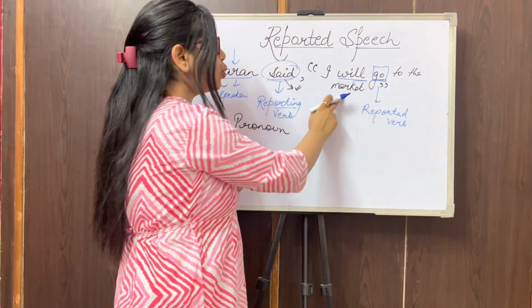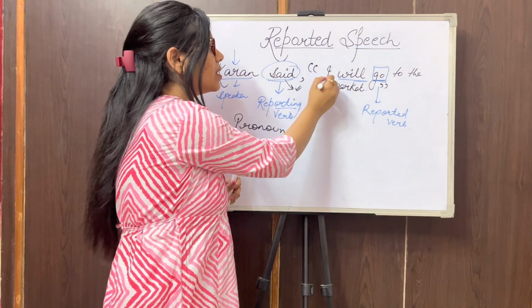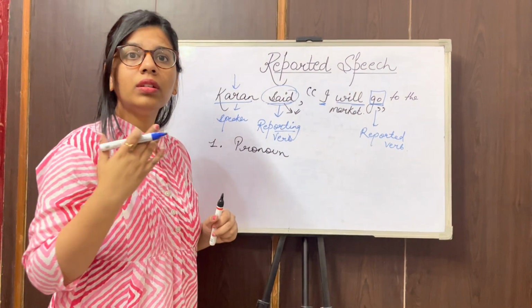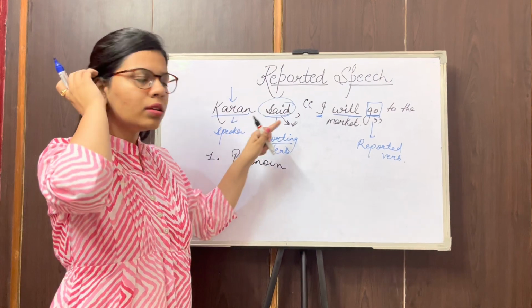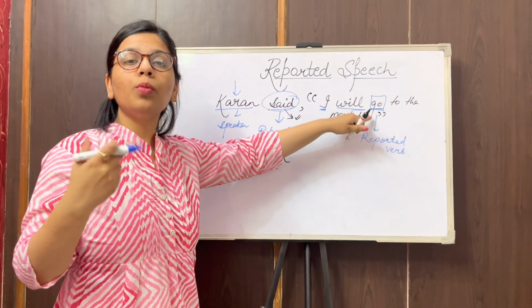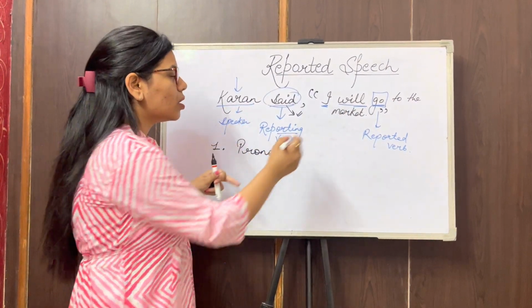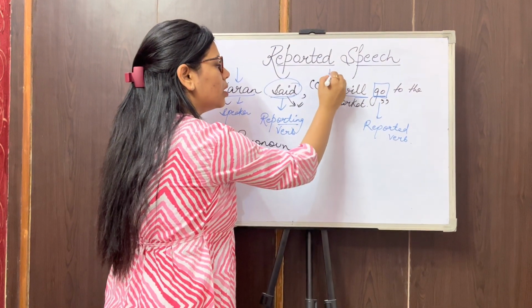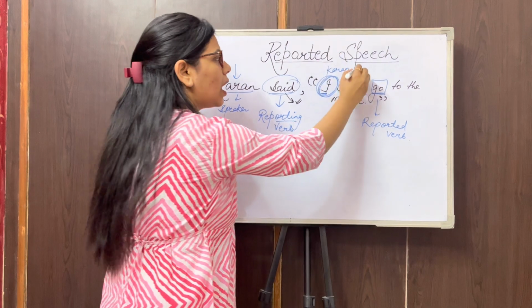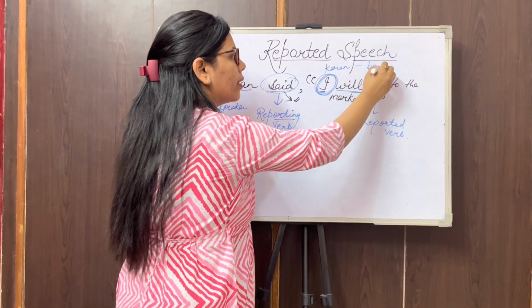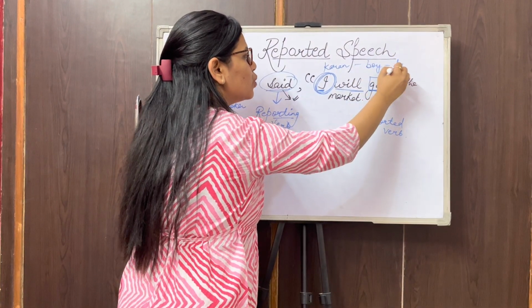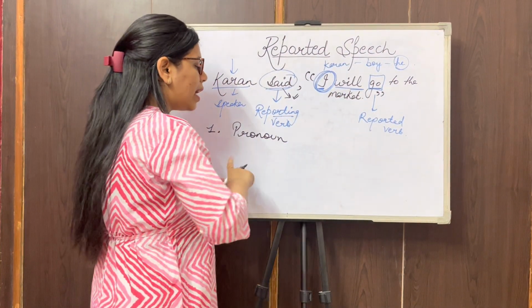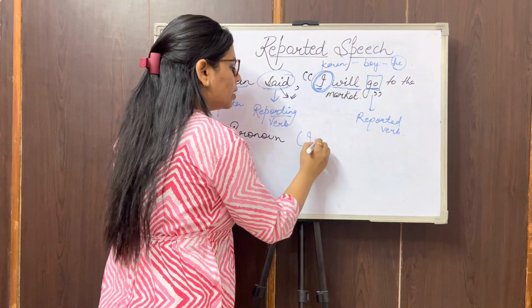So I will go to the market. Who is this person I? Is it me? क्या मैं मार्केट जाऊंगी? नहीं. करण ने कहा मैं मार्केट जाऊंगा. तो मार्केट कौन जाएगा? करण. So first of all, you need to identify who this pronoun is. This is Karan, and Karan is a boy. So what is the pronoun we'll use for him? It is he. So here I will be changed to he.